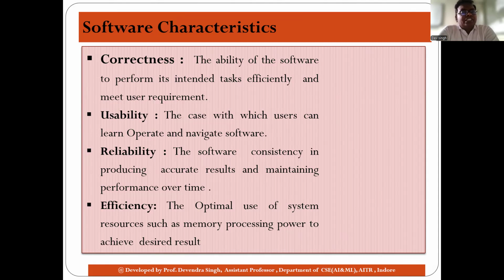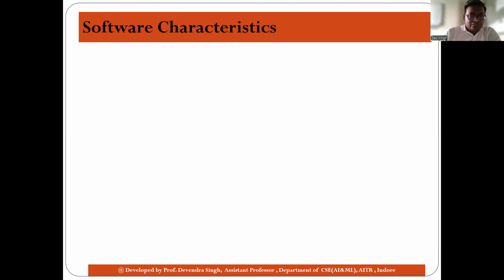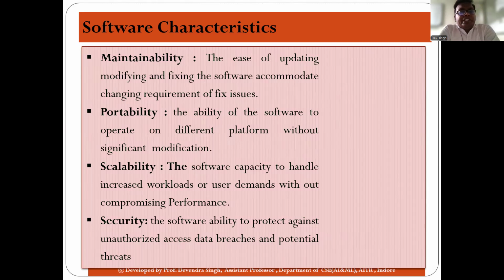Reliability: the software's consistency in producing accurate results and maintaining performance over time. Efficiency: the optimal use of system resources such as memory and processing power to achieve the desired result. An efficient software can perform on very low hardware and its response time is fast. Maintainability: the ease of updating, modifying, and fixing the software to accommodate changing requirements and fix issues.